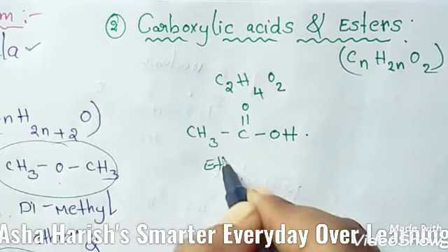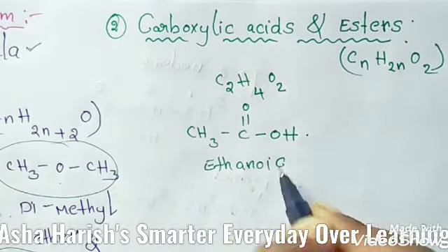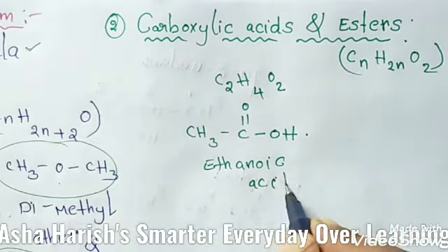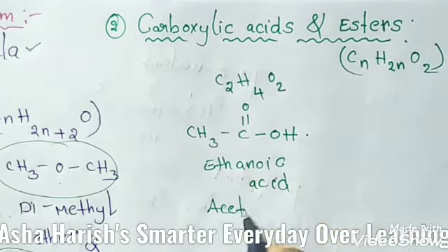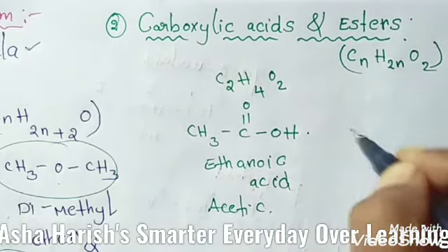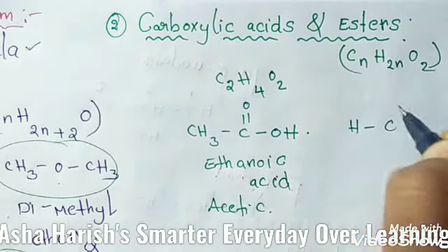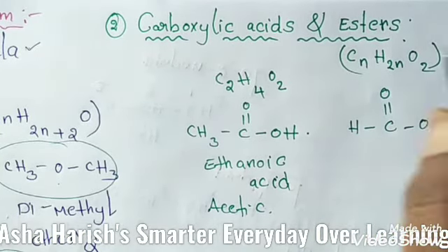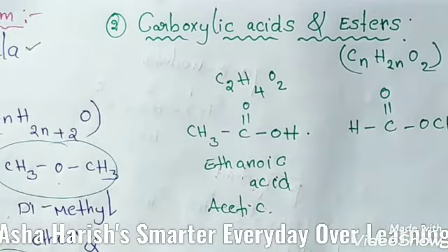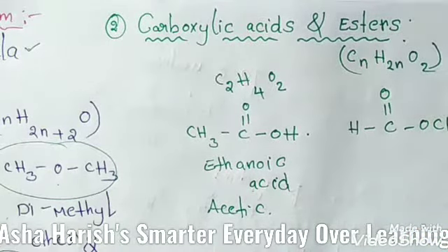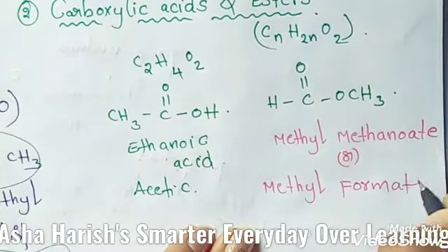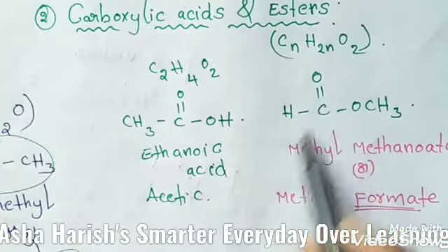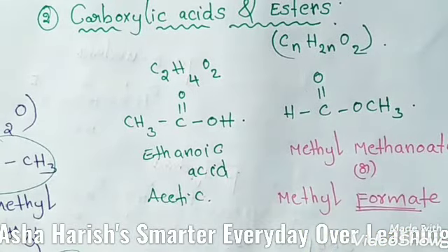This is called ethanoic acid, nothing but CH3COOH, which you know very well is acetic acid. And the next structure is C double bond O, OCH3, and this is called methyl formate or methyl methanoate. This is about carboxylic acids and esters, which show the functional isomerism.